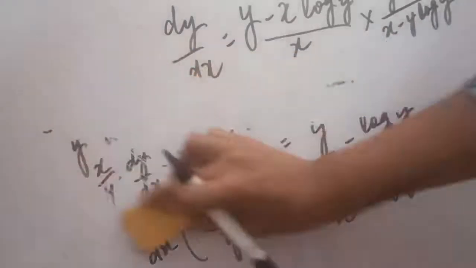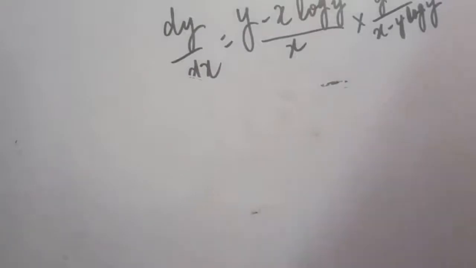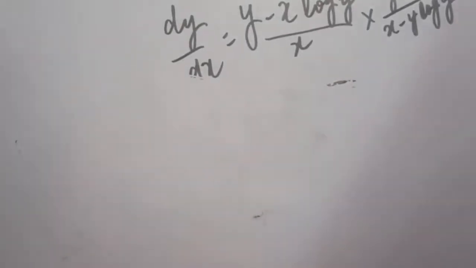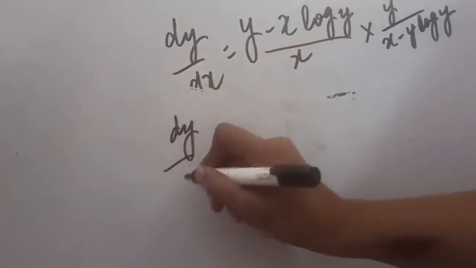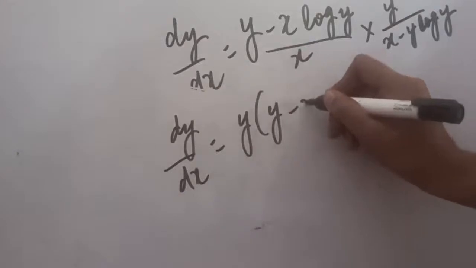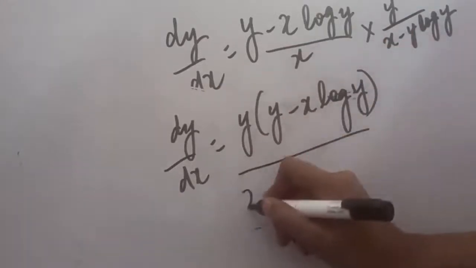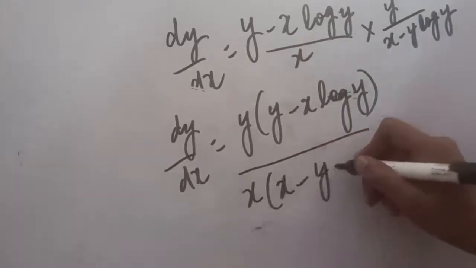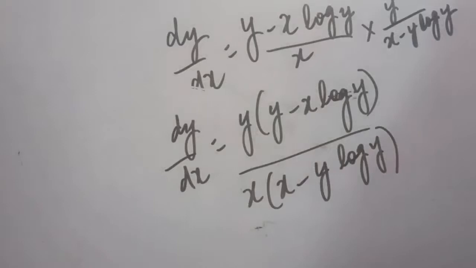So writing in a more systematic way, we can say that our answer is dy upon dx equals y into y minus x log y divided by x into x minus y log y. So this is the answer.